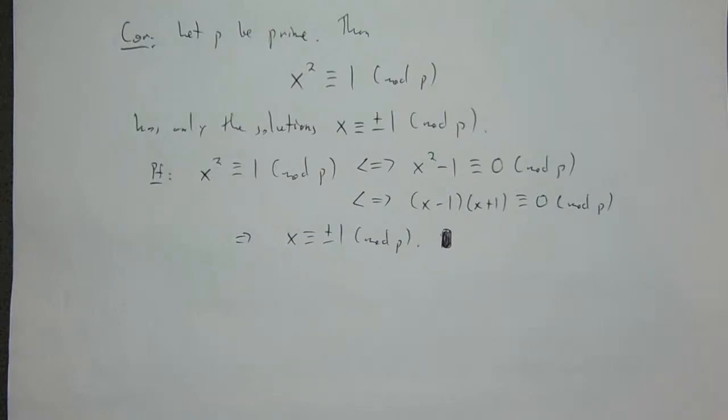The early stuff we did with congruences, those proofs were typically one sentence because it was really barely even a proof. It was almost true by definition. So it was almost like a relabeling.